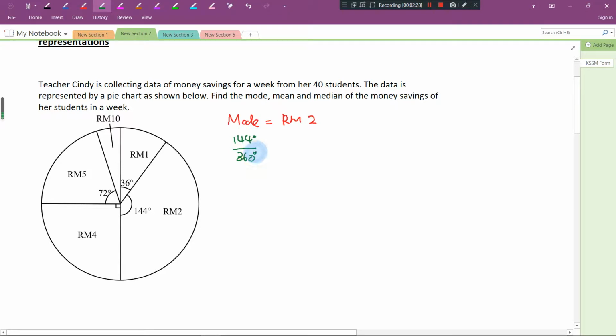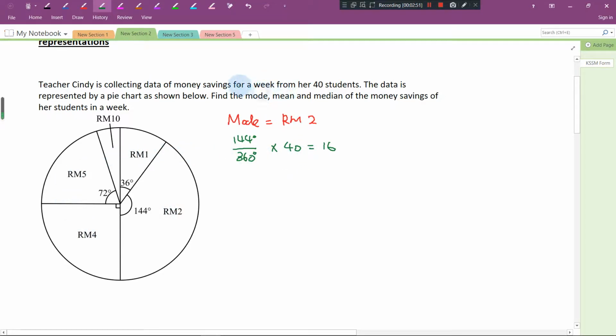You don't need to write the degree, it is okay. This is just like a fraction. So you times 40, the number of students, and you will be able to get the number of students who save 2 ringgit in a week. So this will give you 16. You can calculate the frequency for each sector using this method.